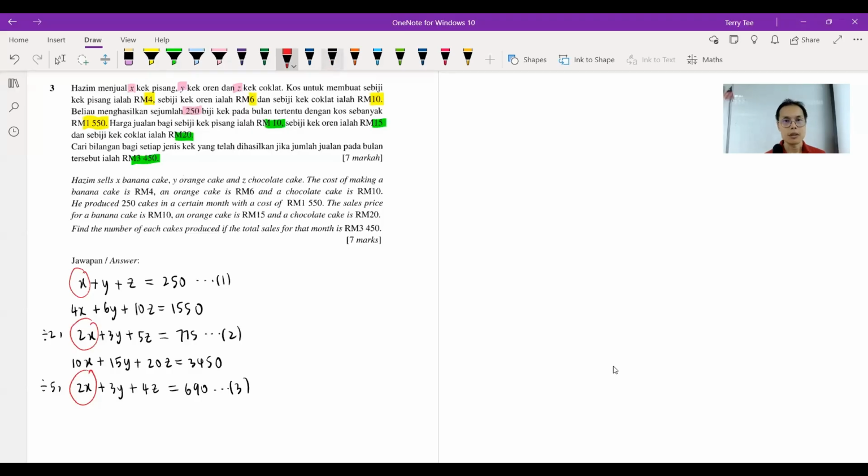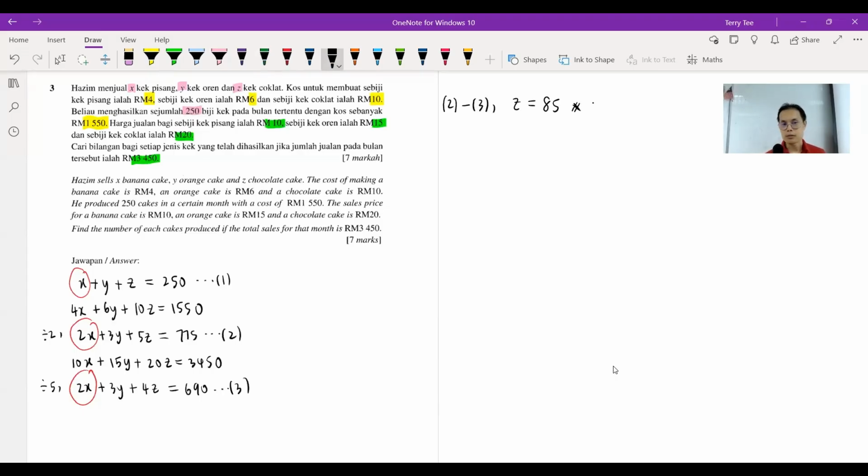So maybe I start by taking equation 2 minus equation 3. The moment you minus 3y minus 3y, you can see this one can cancel, you can get rid of it, right? So 5z minus 4z is just 1z. 775 minus 690 is 85. Can't do mentally, just use calculator, 85.